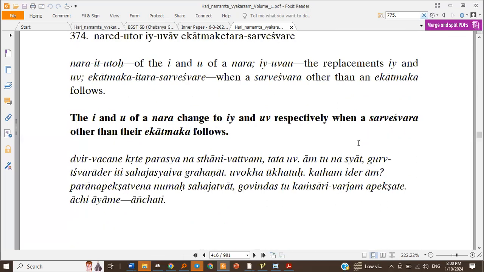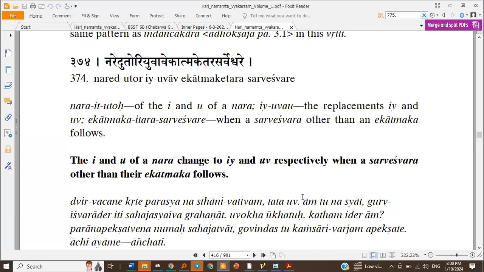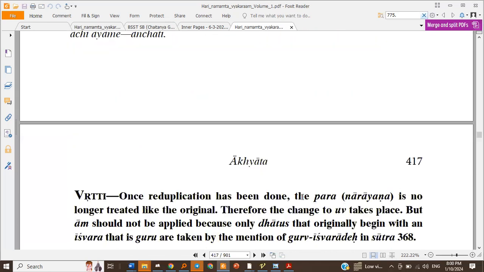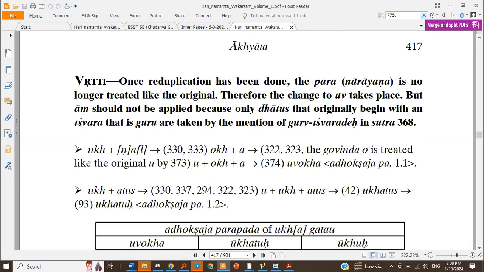The e and u of nara change to e and u respectively when a sarveshwara other than their akatmaka follows. So when we are doing this uk dhatu, in adhokshaja, uk null, we apply the lagudvasa govinda and it becomes o. Then sthanivat durvajanam, we reduplicate what was there originally. So we reduplicate u.